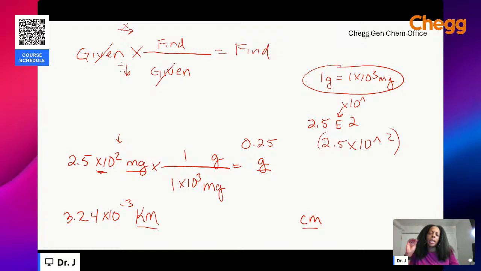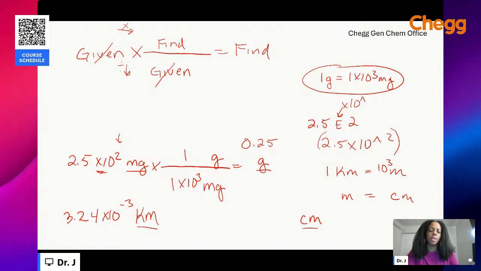And so that's normally an indication that this is going to be at least 2 steps, because I might not know a direct conversion from kilometers to centimeters, but I do know a conversion from kilometers to meters, and then also from meters to centimeters, right? And so I know that 1 kilometer is equal to 10 to the 3rd meters.